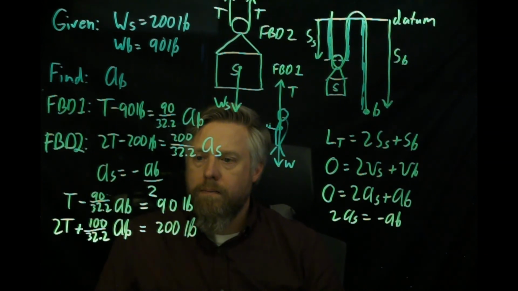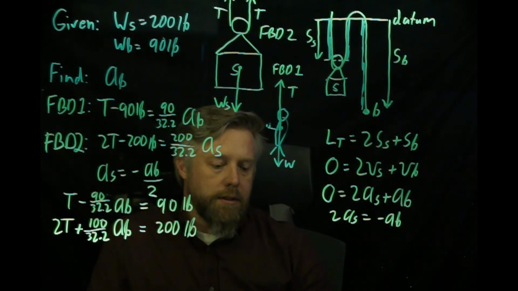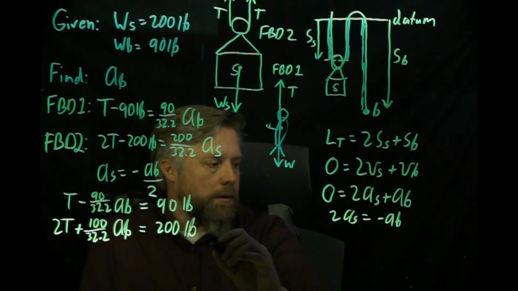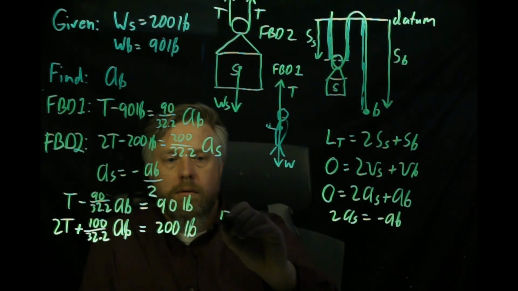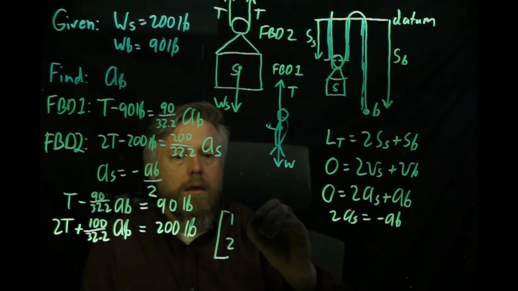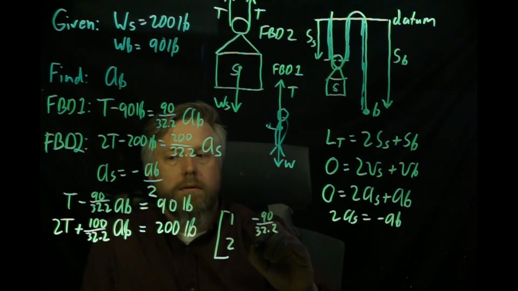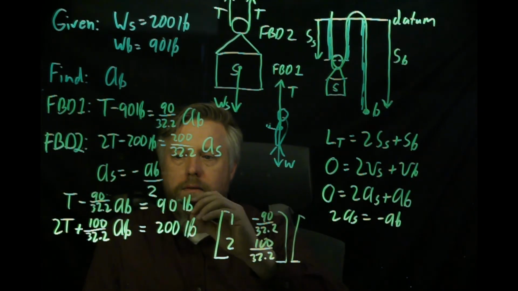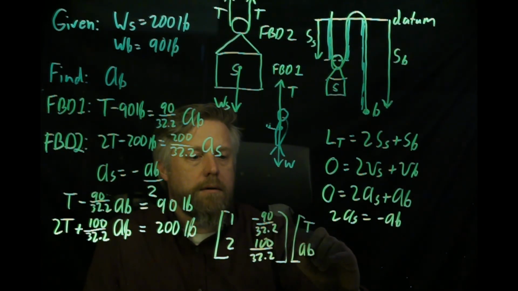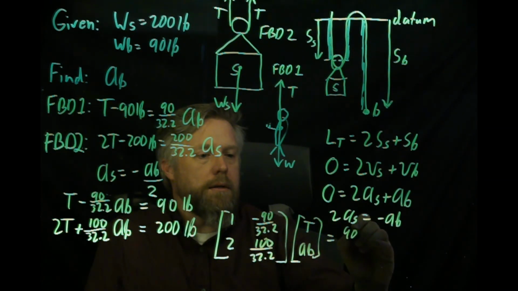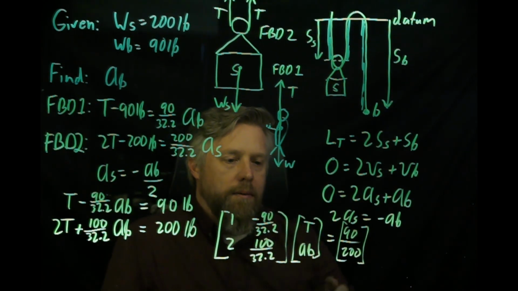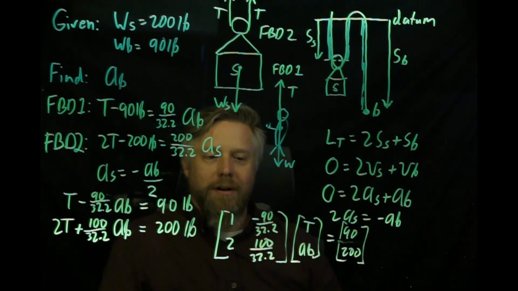OK, I can go ahead and solve this using a system of equations where I have the matrix negative 90 over 32.2, 100 over 32.2 times my vector of the variables T, aB is equal to 90 over 200. Okay, augment this matrix with the answer and do RREF, and we have our answer.